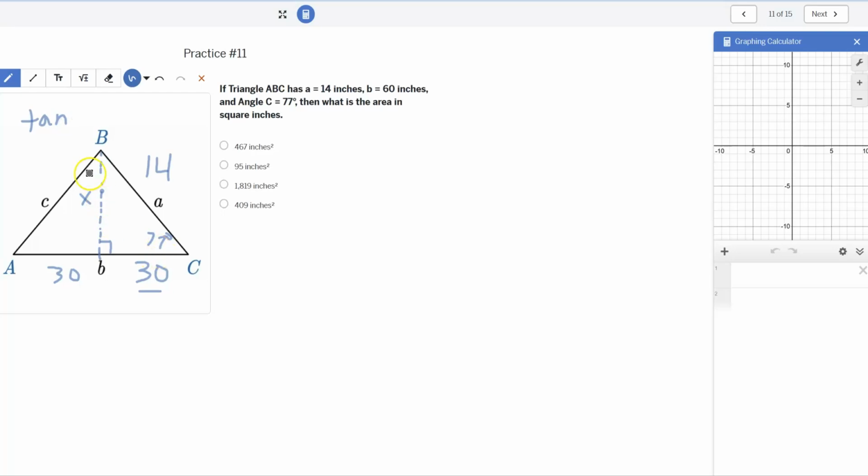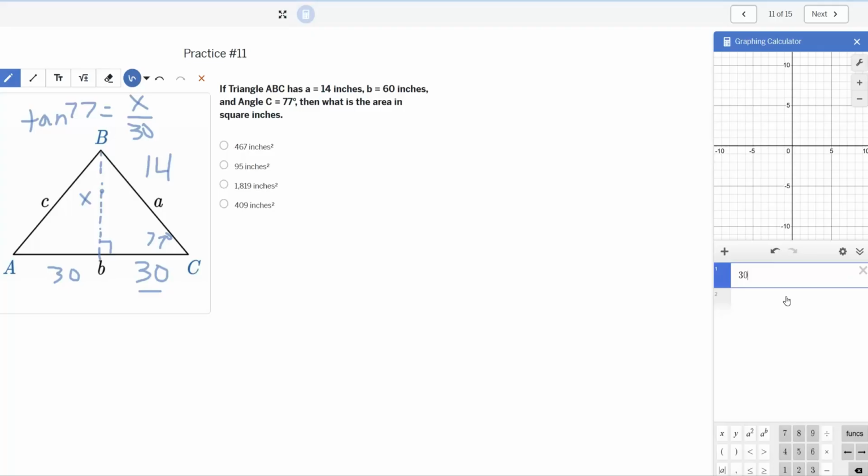If I'm looking at my reference angle, the tangent of 77 is equal to the opposite, which is x, over 30. Since x is high, we multiply. So 30 times the tangent of 77, and now I have my answer for my height here.